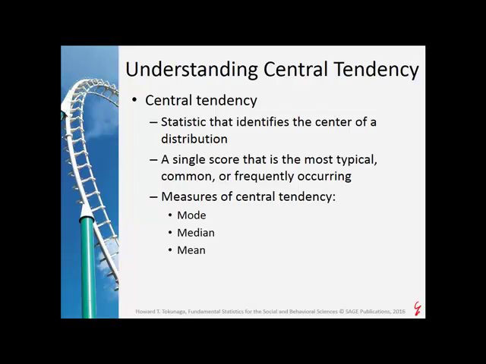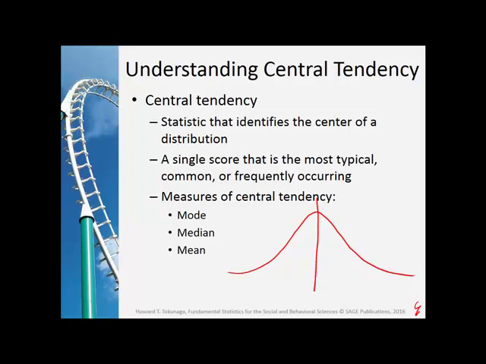So a measure of central tendency, by definition, is a statistic that identifies the center of a distribution. And we have been talking about distributions in terms of a normal curve. So the measure of central tendency is going to be our line in the middle.